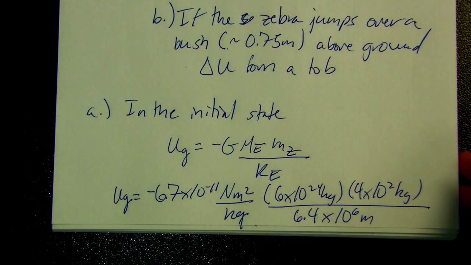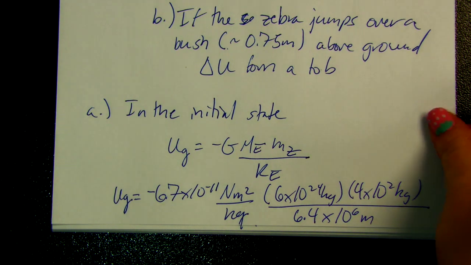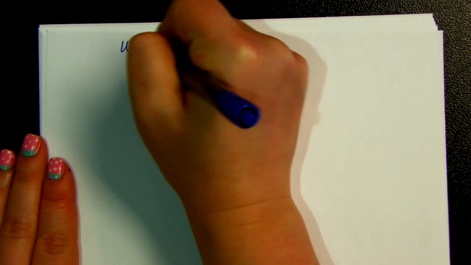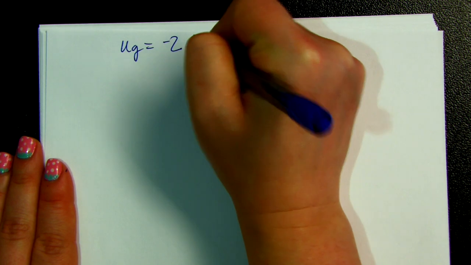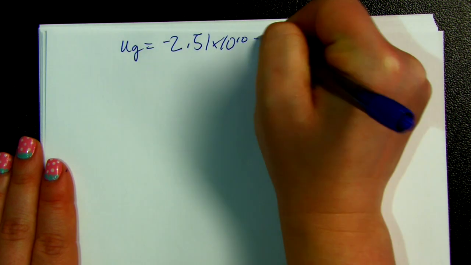So here is what we've set up. And I'm going to go ahead and move to the next sheet of paper. The gravitational potential energy between these two objects is equal to minus 2.51 times 10 to the 10 joules.